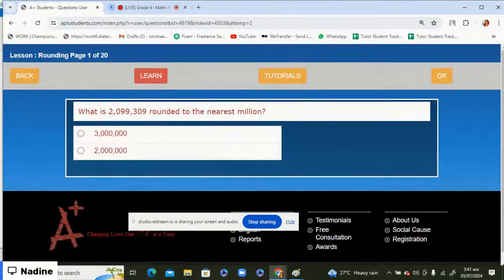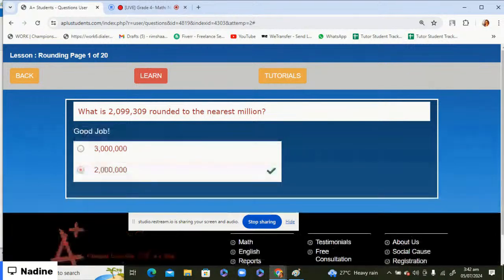You're going to round out the 2. This 2 is in the millions place. So this can be 2 and there is 0, so it stays the same. Yes, that is the answer.